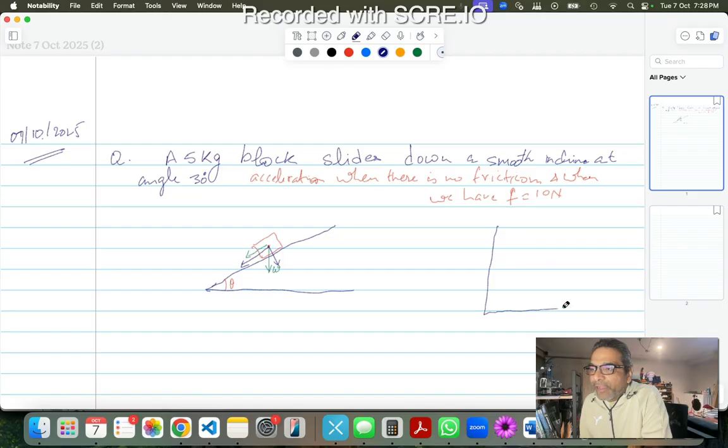So in a right angle triangle, this will be the base, this is the hypotenuse, and this is the perpendicular.